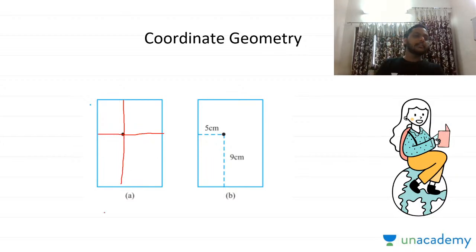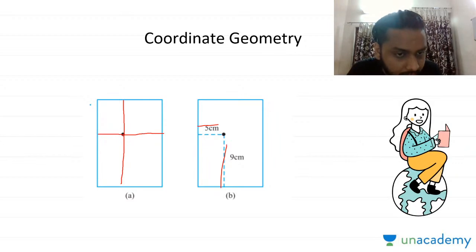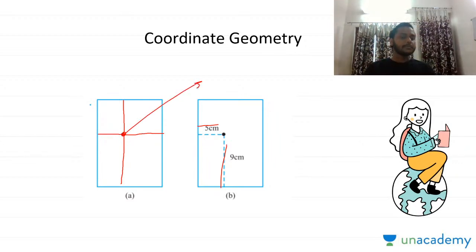Okay, this is the scenario that we have. But guys, if I give you both these pieces of information together, that my point is 9 centimeter above and 5 centimeter right, you can see that there is an intersection. And this intersection will give me the point that I'm talking about.